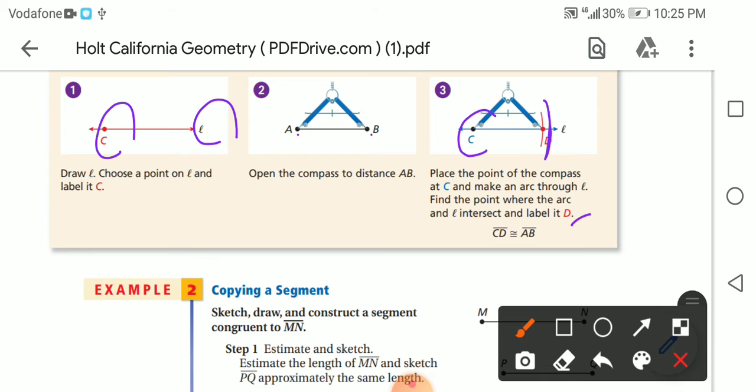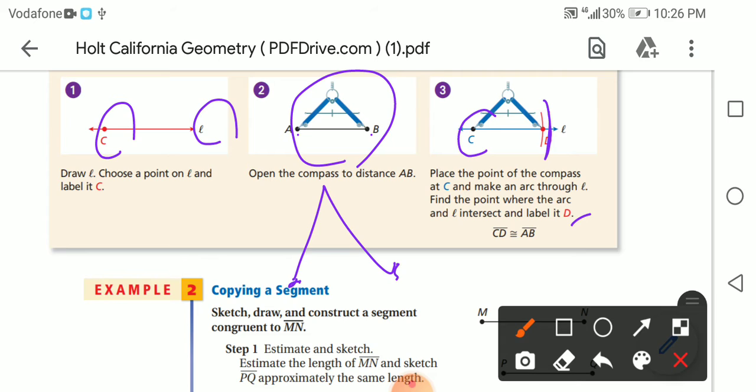Again, can you see this? How can I make congruent segments? Draw L, then a point on L and label it C. Then open the compass to the distance AB, as you like, but a reasonable one.